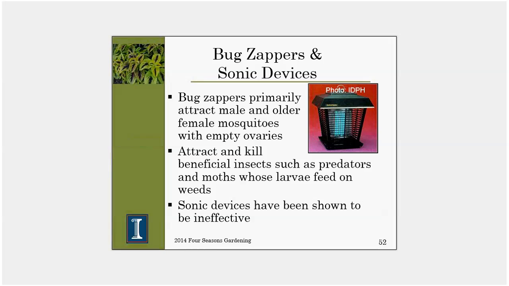Sonic devices produce a sound which is supposed to imitate the high-pitched sound of a male mosquito and drive females away because they don't want to mate again, or dragonfly wing beat sounds. Another common name for a dragonfly is a mosquito hawk.